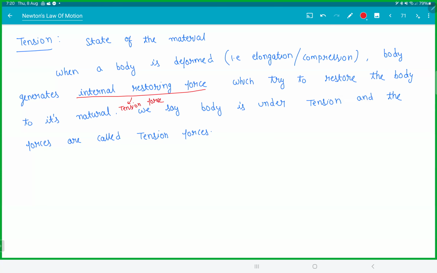The symbol for tension is capital T. Again, why do you get tension? Same reason. When you're pulling, the molecular bond structure gets deformed. So tension is due to deformation of the bond structure.